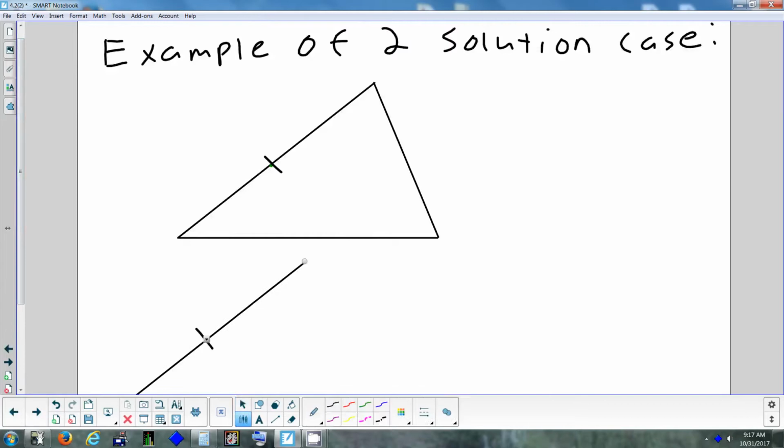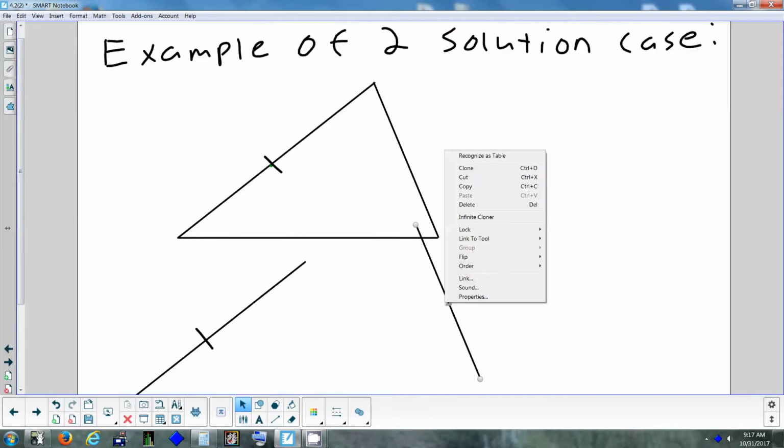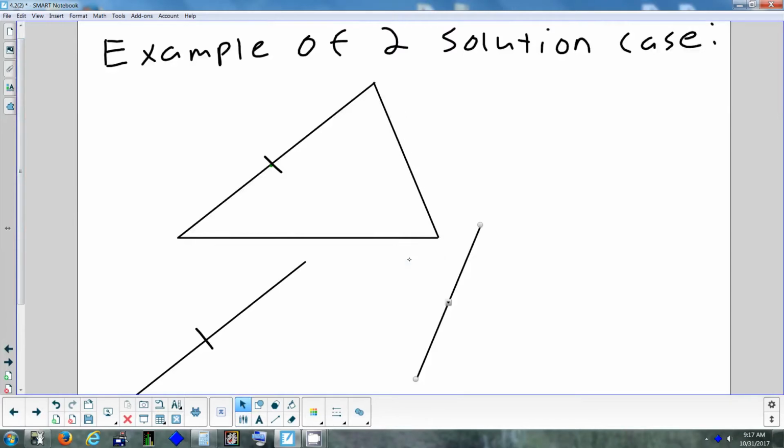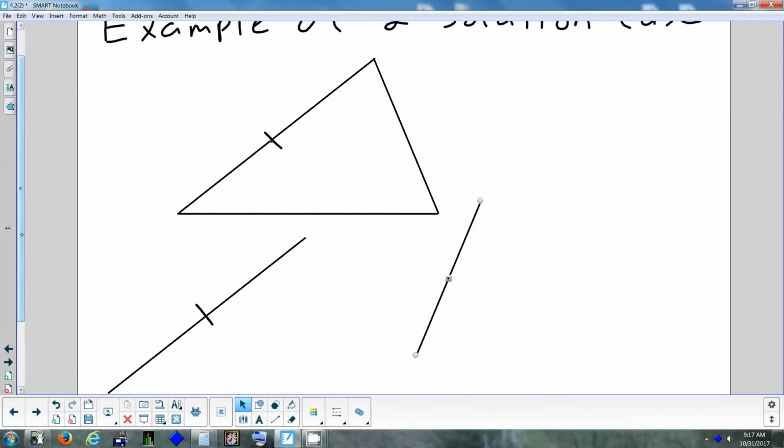Okay. So there's one side that's the same. I'm going to take this side, I'm going to copy it, but I'm going to flip it or reflect it. Now, does reflecting it change the length? No, it's like a mirror image of it, but it's still the same length.